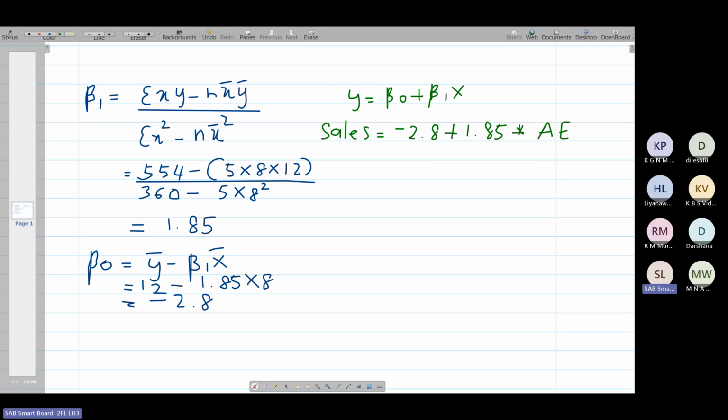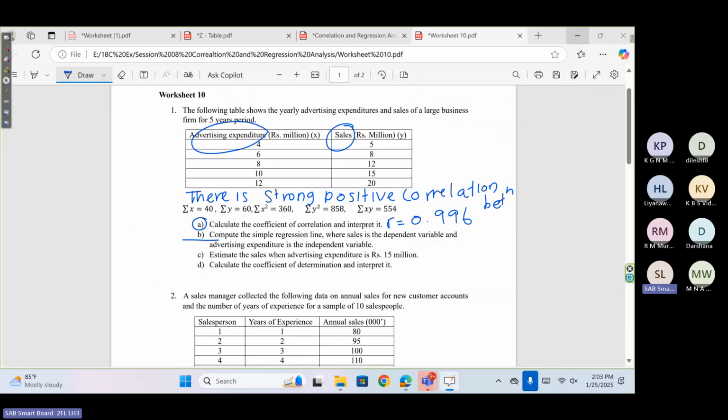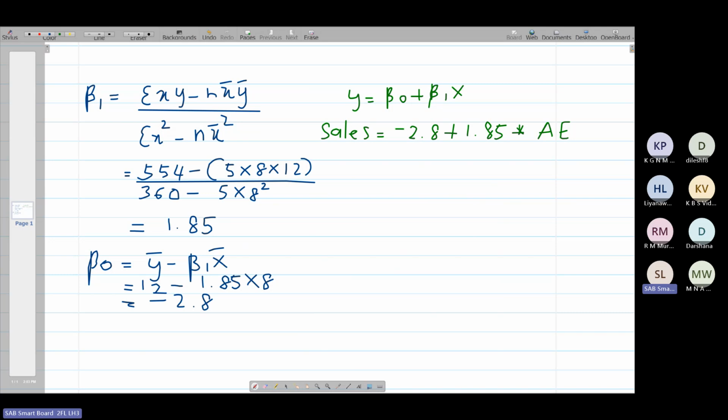Then we need to interpret it now. Sales revenue and advertising expenditure are both in million rupees. How do we interpret it? First, 1.85 is the beta 1 slope, and this is the beta naught intercept.